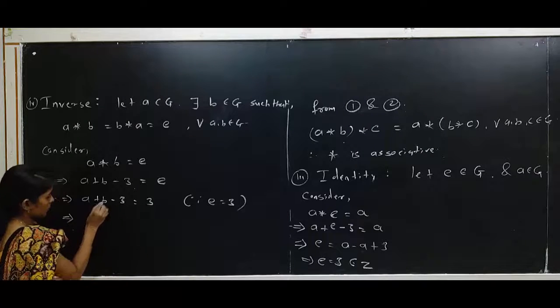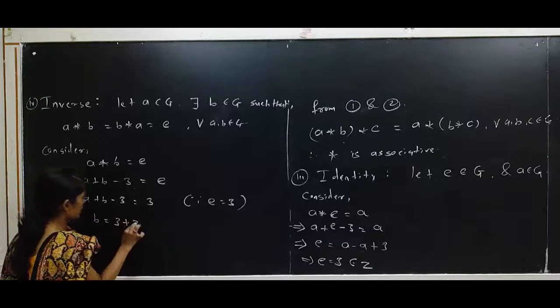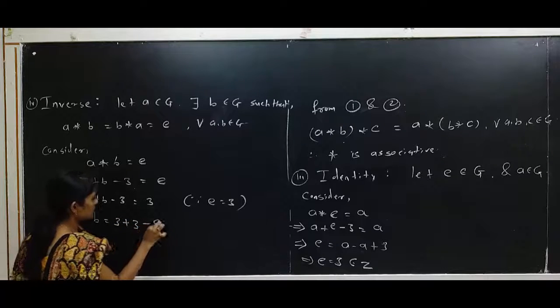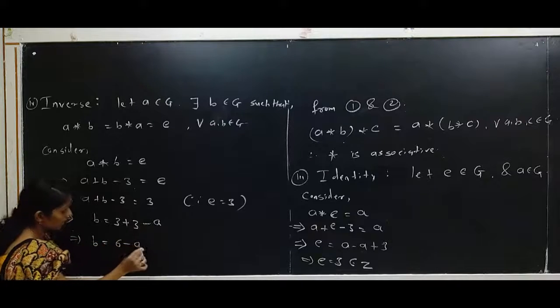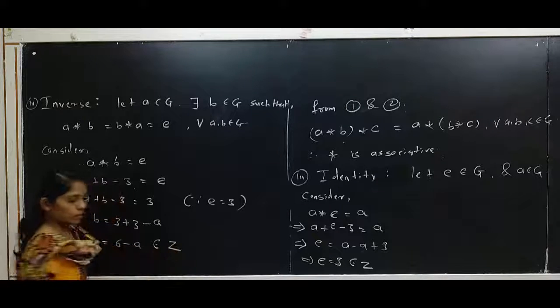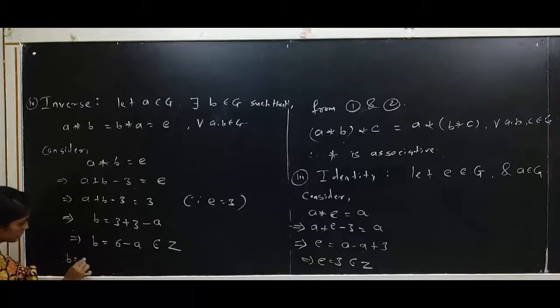Here we get B is equal to 3 plus 3 minus A. So we get B is equal to 6 minus A, which again belongs to the set of integers. So therefore inverse exists. So therefore B is equal to 6 minus A.